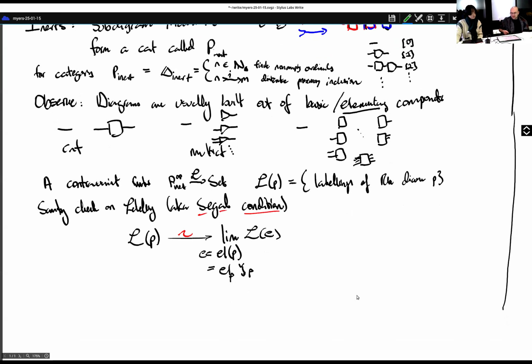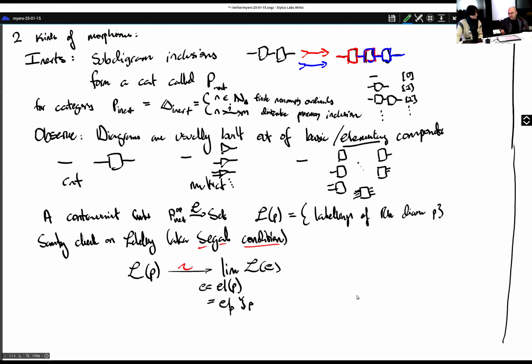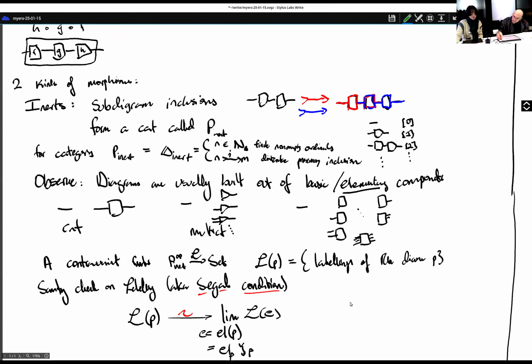In other words, to label a diagram, it suffices to label all its elementary components, but you have to check that those labels coincide in the right way. So to label a diagram like this one above, I would have to label all of its elementary components. So I'll draw them above. We have the left wire, the middle wire, the right wire, and each bubble.